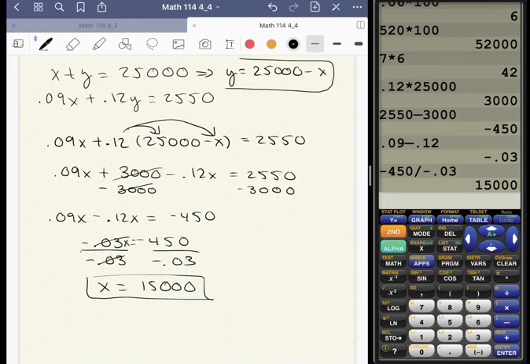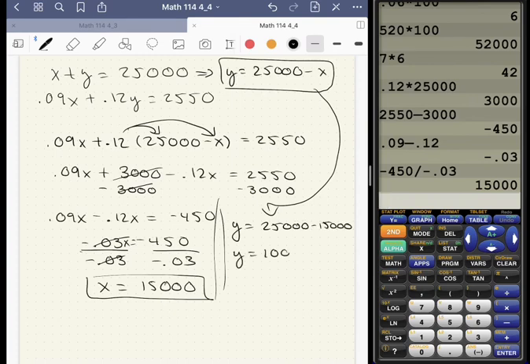But I need to find y, which I'm going to find using this equation. So y equals 25,000 minus 15,000. That's going to give me 10,000. And that's how much was invested in the 12% account.